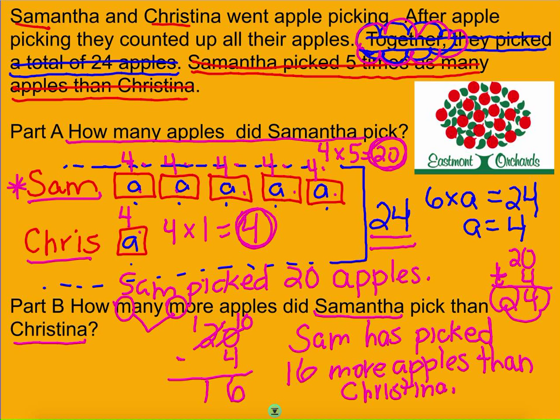All right. So when solving comparison problems, there are certain words that we really need to look for. Okay? And in this problem, the biggest word we had to understand is together, right? And they picked a total. That's very important because that has really shown us where we need to draw the bracket.